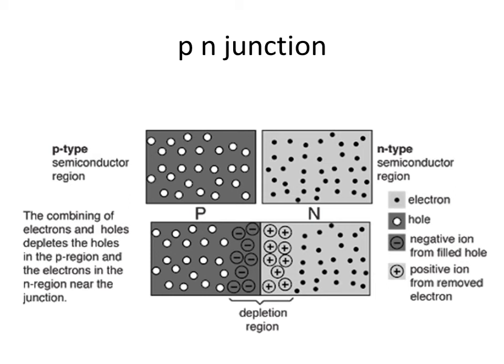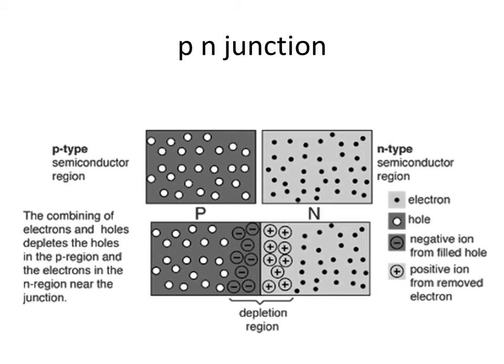Due to the concentration gradient, or difference in concentration, the charge carriers will move from the high concentration region to the low concentration region. So electrons will move from right to left, and similarly holes will move from left to right. Both these charge carriers, holes and electrons, will cross the junction and reach the other side.